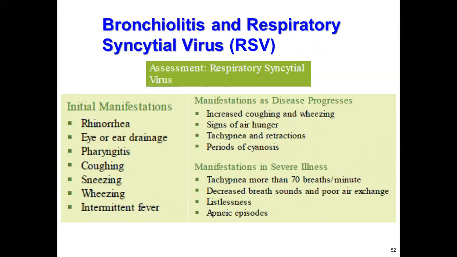Now, what are the signs and symptoms if anybody is infected by respiratory syncytial virus? The patient presents with rhinorrhea, eye or ear dryness, and pharyngitis, which is infection in the pharynx. It may be infection in the nasopharynx or normal pharyngitis.